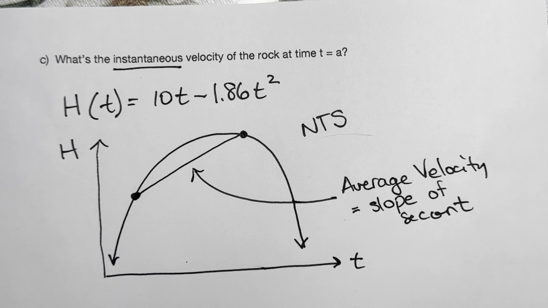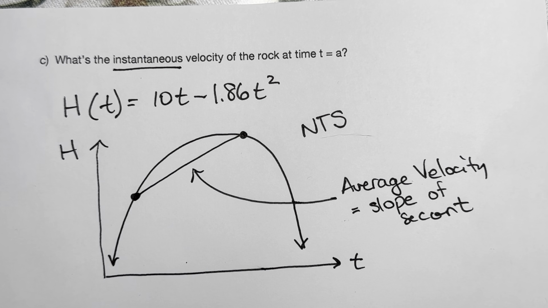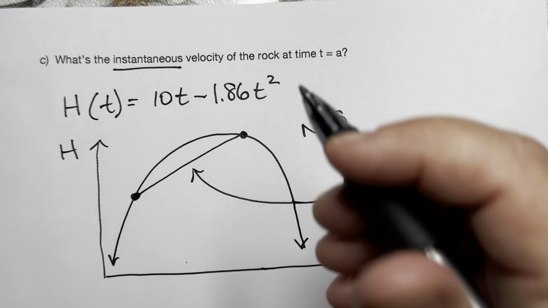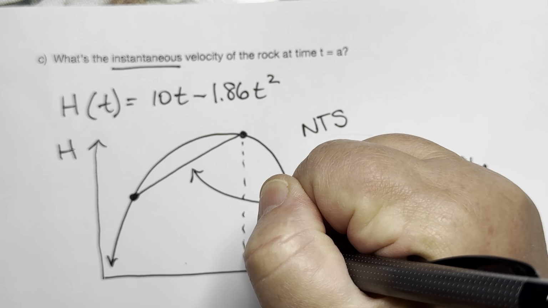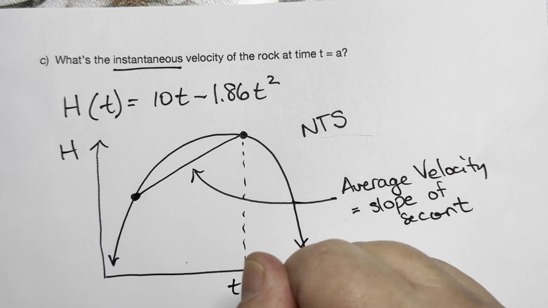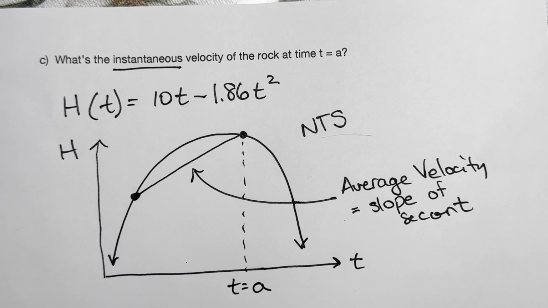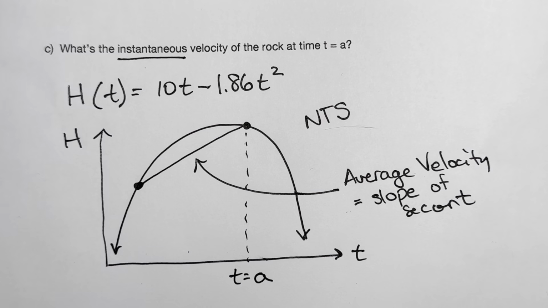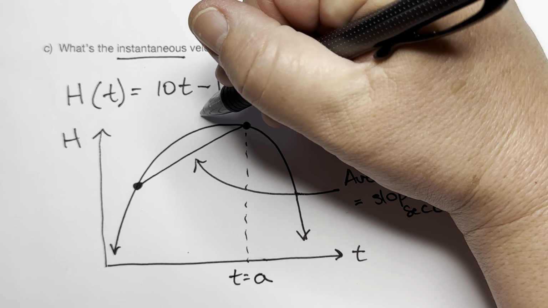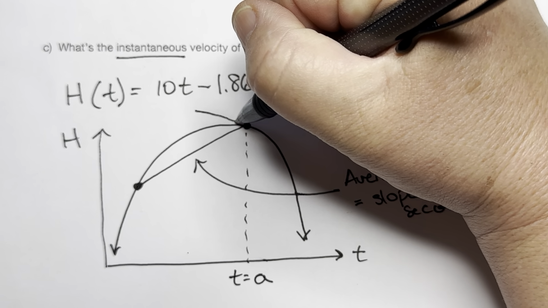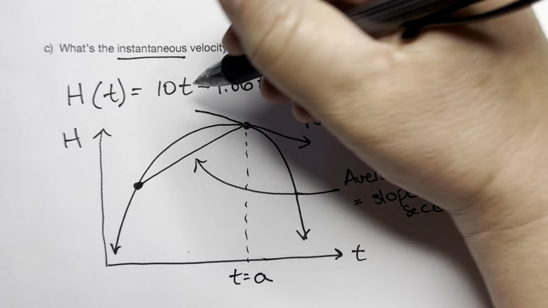So the question then becomes, what is the instantaneous velocity? Let's call this point t equals a, because that's what we're going to be using in this problem. For the instantaneous velocity, I'm going to have to draw the tangent line. Tangent lines are not a forte of mine, but I'm going to give it the old college try.